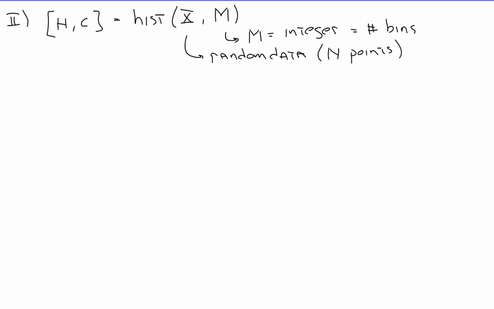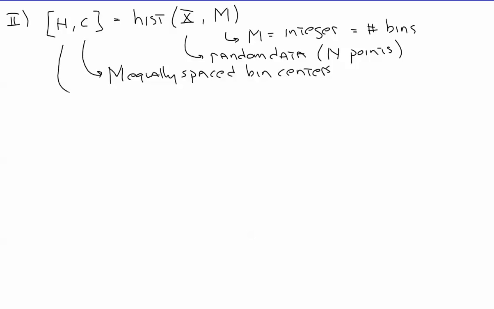In this case, you specify how many bins you want and give it the random data. MATLAB goes in and sorts. It gives you back m equally spaced bin centers over the range of data X.